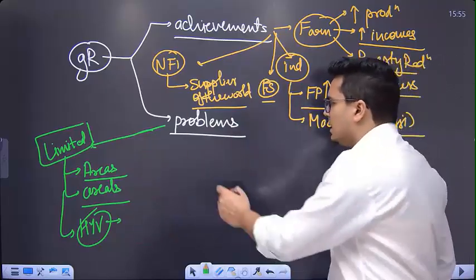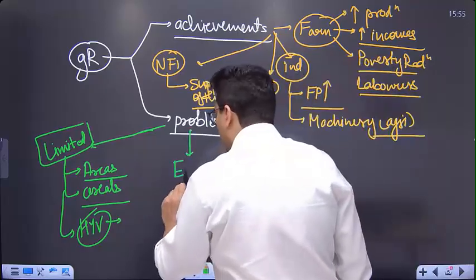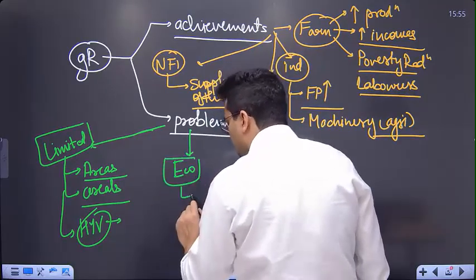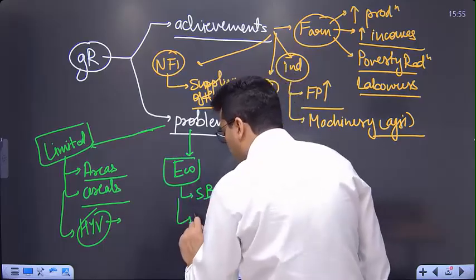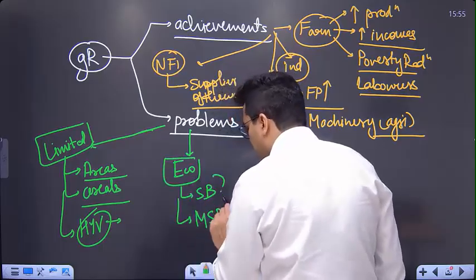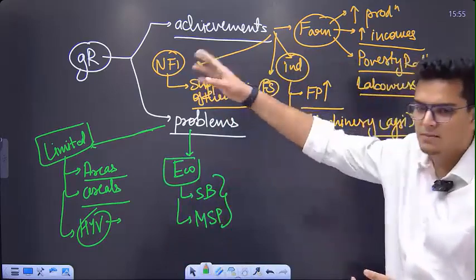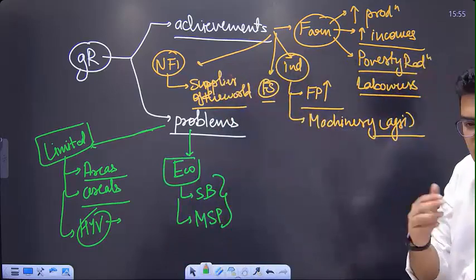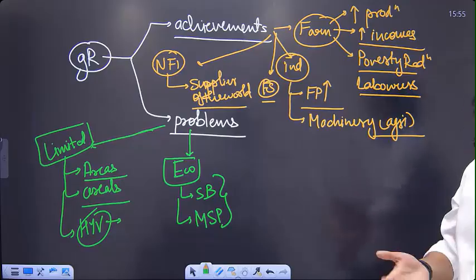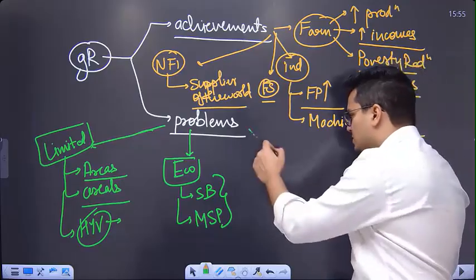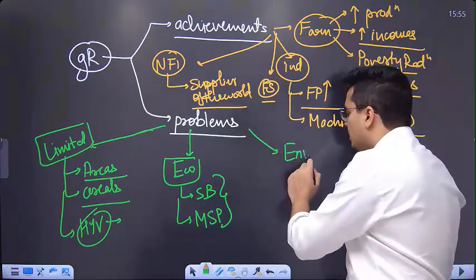Then it created problems for our economy because of the subsidy burden and the problem of minimum support price. India's fiscal deficit gets adversely impacted because of the Green Revolution, especially in the nature in which it is carried out. And the last problem, and the most major problem, is its environmental impact.